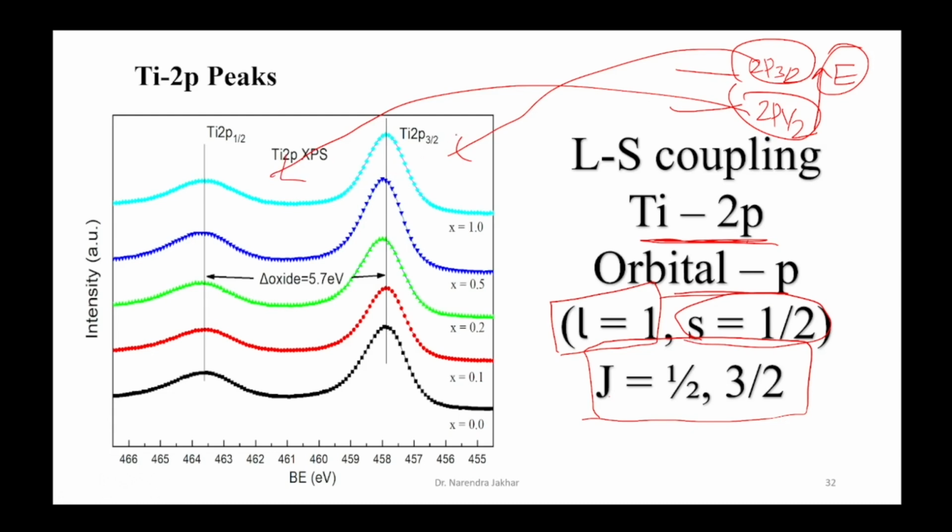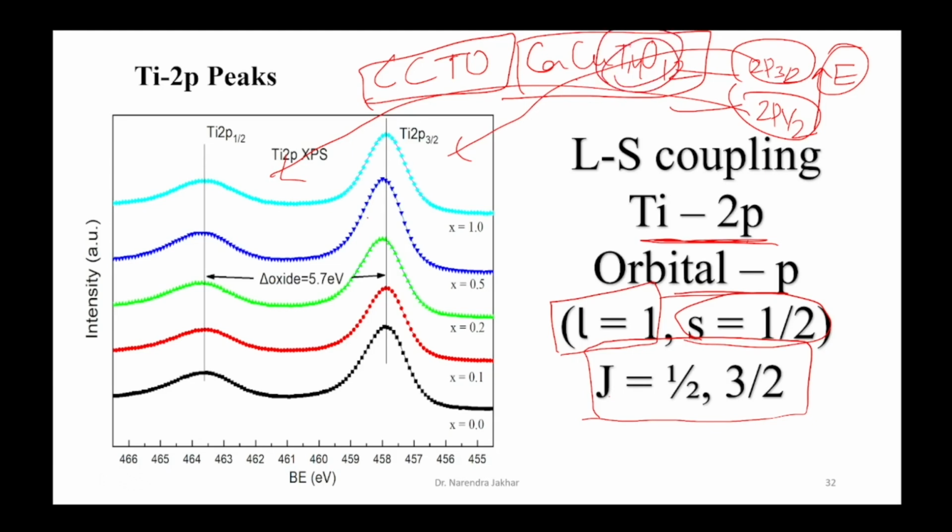And since this is an oxide, CCTO is what? An oxide, CaCu3Ti4O12. For a particular oxide, this Ti4O12, the energy difference between 2p 1/2 and 2p 3/2 is what? 5.7 electron volts, which is found in the literature.